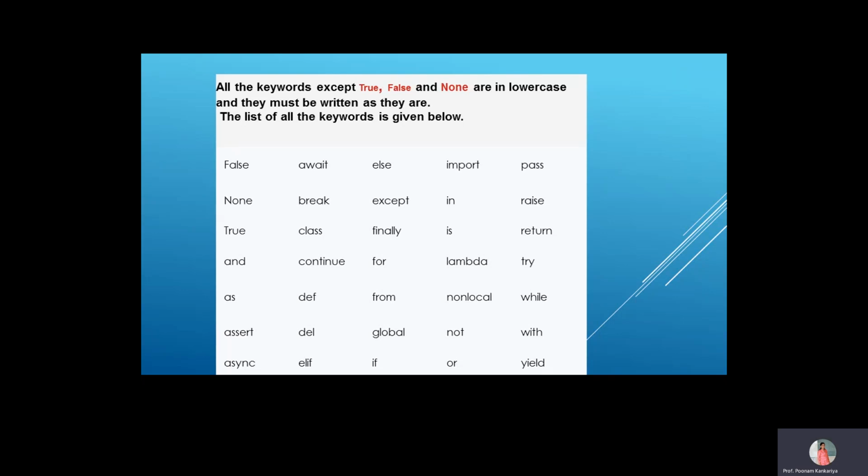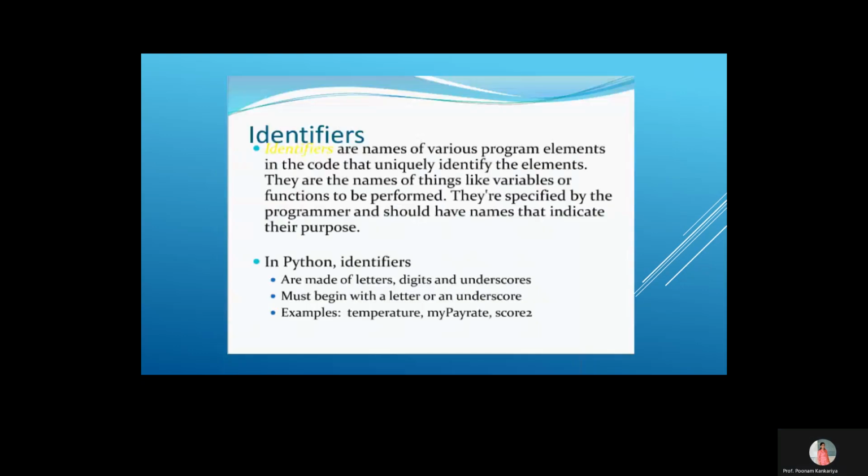be written as they are. Now we see about Python identifiers. A Python identifier is the name used to identify a variable or function. An identifier starts with a capital letter A to Z or small a to z or an underscore, followed by zero or more letters and digits 0 to 9.